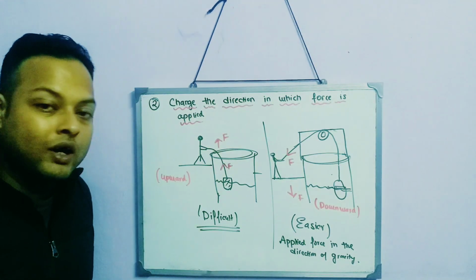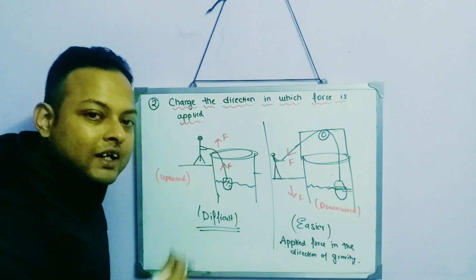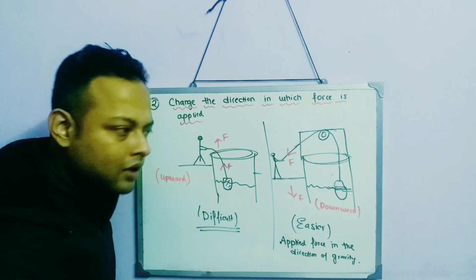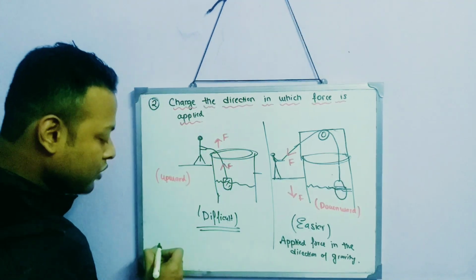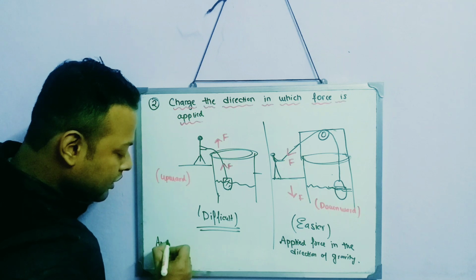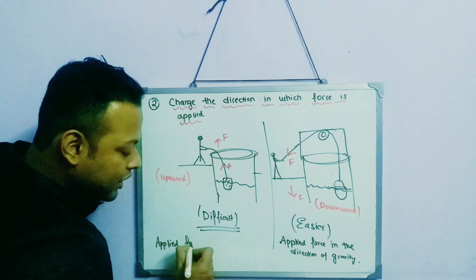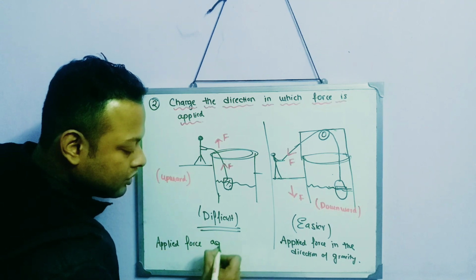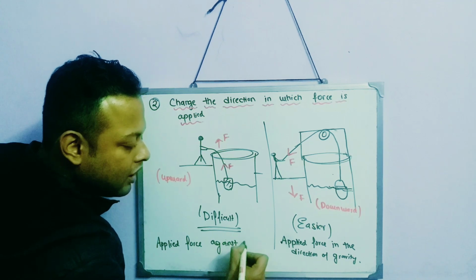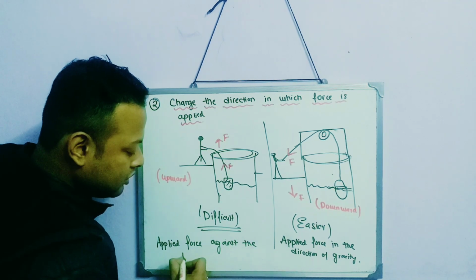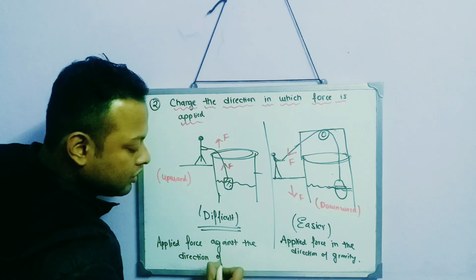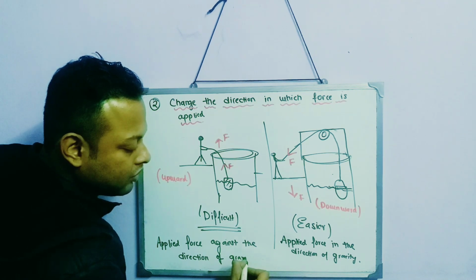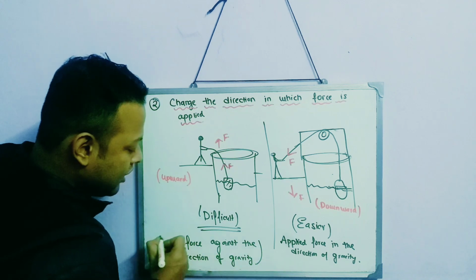But over here what am I doing? I am going against the gravity. Gravity is always downward, but my applied force is in the upward direction. So I will write over here: applied force against the direction of gravity.